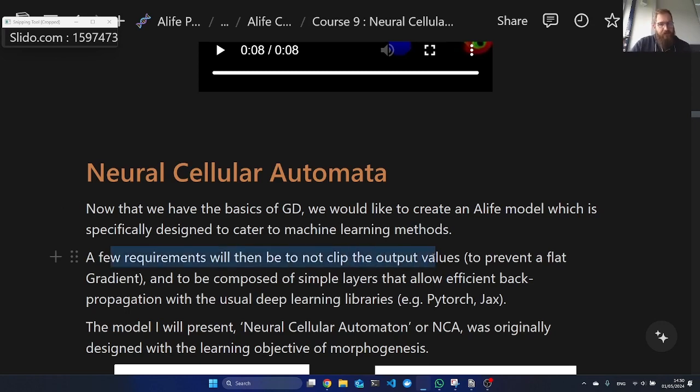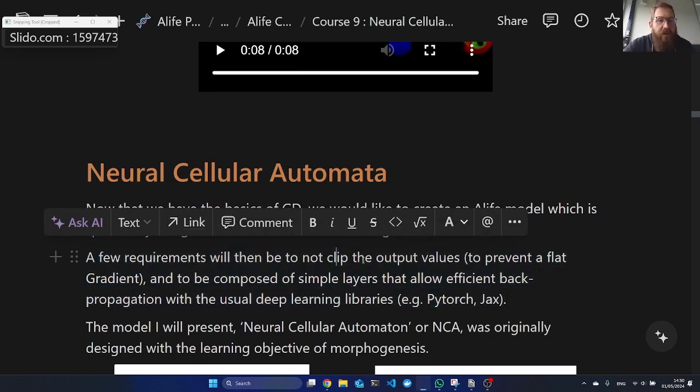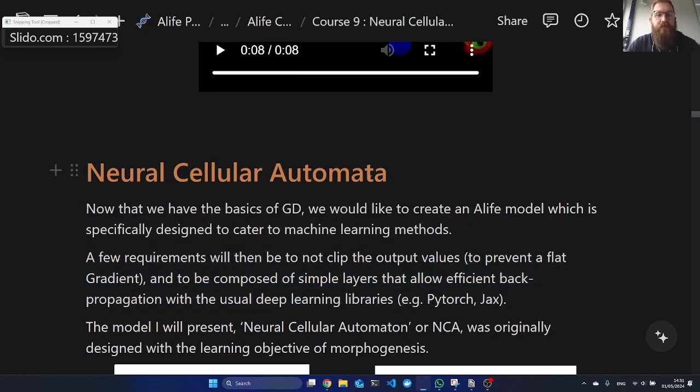One important requirement is to not clip the output values. Remember in Lenia, we clip the values of our world between 0 and 1 because we didn't want things to explode. But the problem with the clipping is that it also sets all the gradients to 0, right? If you're at the point where the values get clipped, you get no information on how you should move through gradient descent. So we will not clip the values of our model.